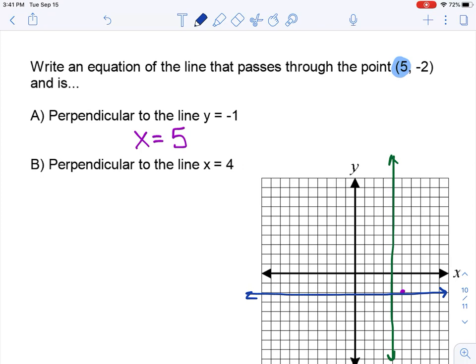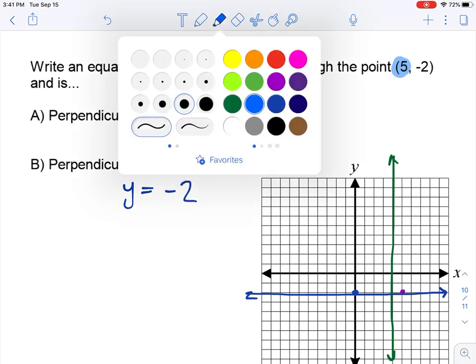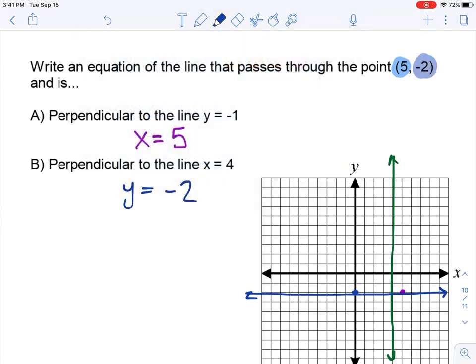A horizontal line is always y equals, and we know it crosses the y-axis at -2. Once again, -2 is what our coordinate is for y. So if you can look at those and recognize that, you know that perpendicular to x equals 4 is y equals -2.